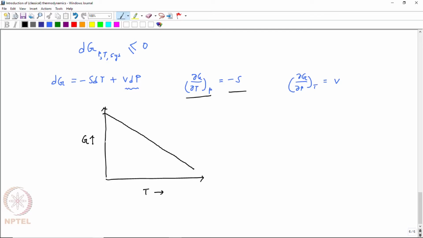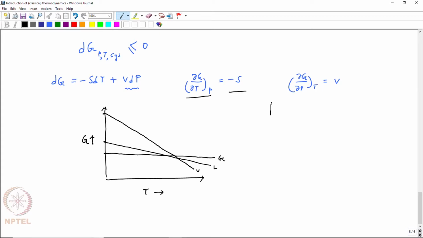For liquids the slope will be less, because the entropy of liquid is less than the gas, and for solids it will be even less, and the change will also be at a much smaller rate. So we'll have a typical curve like this, where this is for the vapor phase, this is for the liquid phase, and this is for the solid phase.